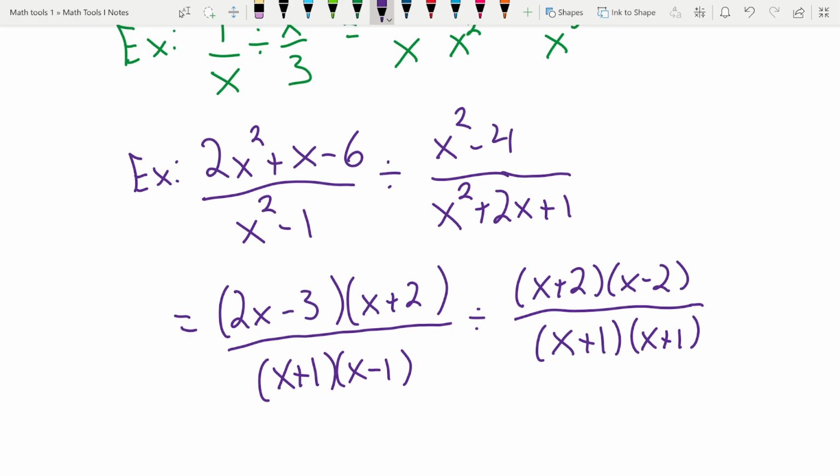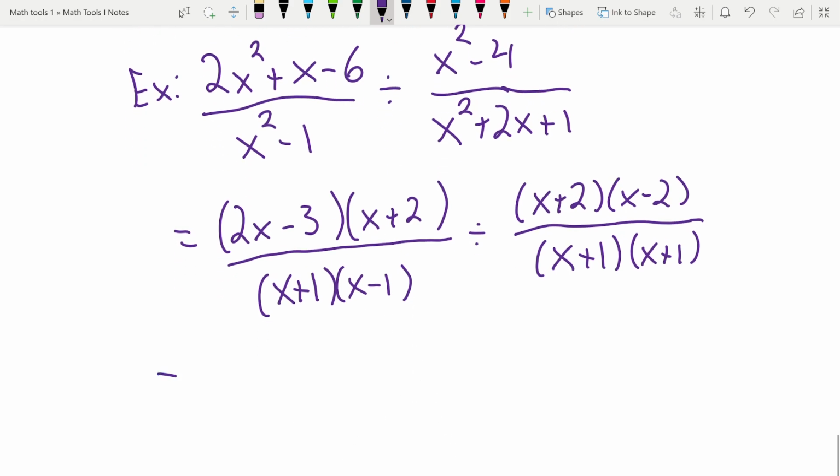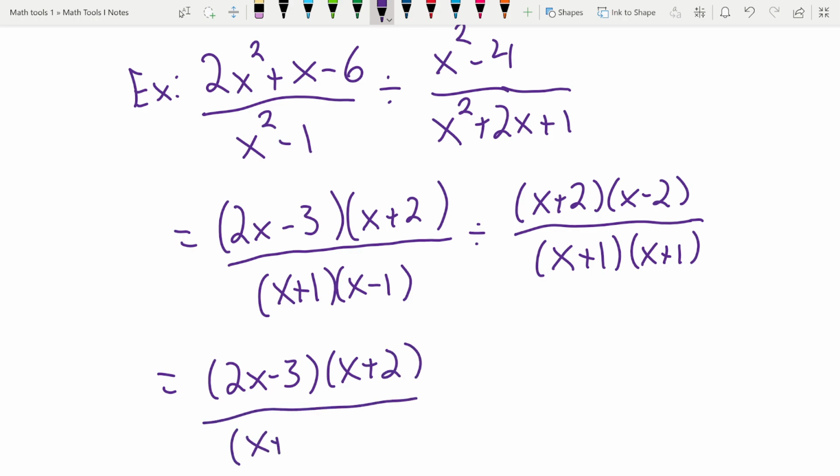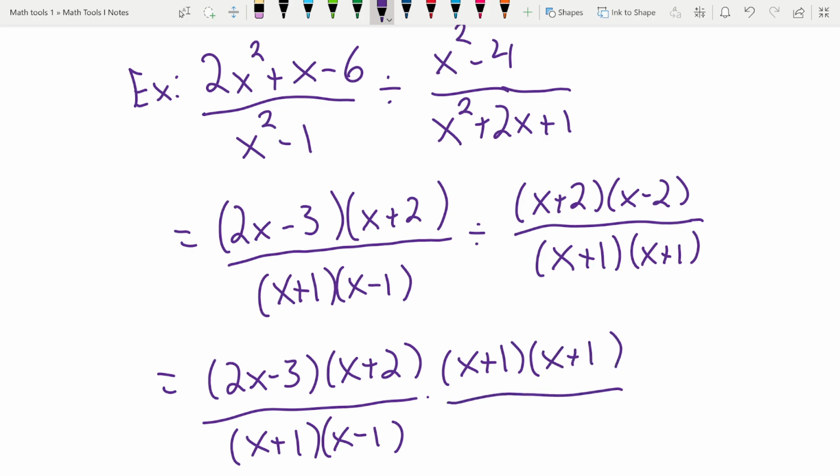Okay. So now we can go ahead and multiply by the reciprocal. 2x minus 3, x plus 2, over x plus 1, x minus 1, times x plus 1, x plus 1, over x plus 2, x minus 2.